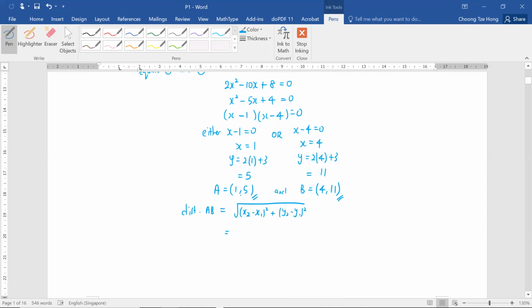We assign A to be x1, y1, and B to be x2, y2. So 4 minus 1 square plus 11 minus 5 square. 3 square is 9, 6 square is 36. So we will get square root 45.